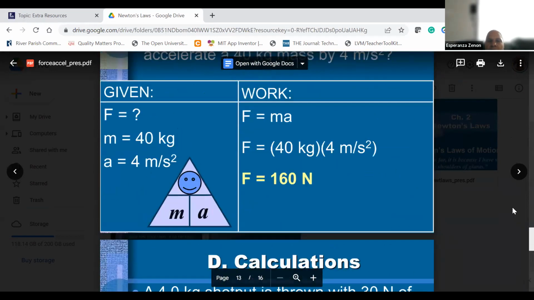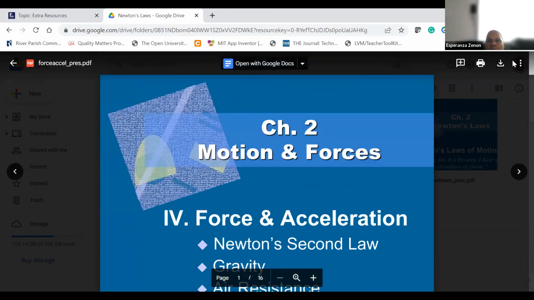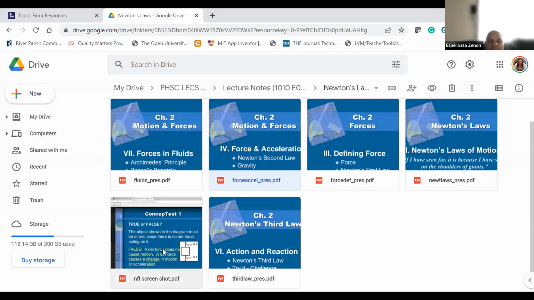Okay, so this extra notes resources is very handy, something that you can utilize and go through to get some additional perspective and practice with Newton's laws.